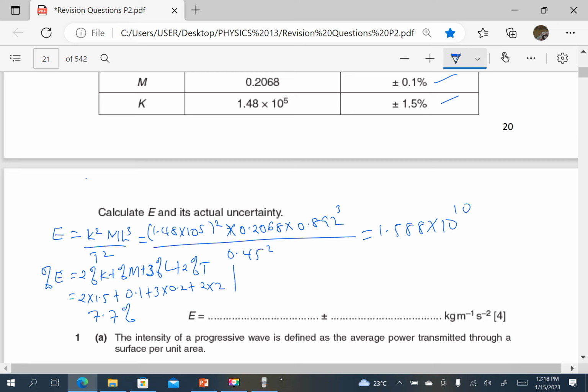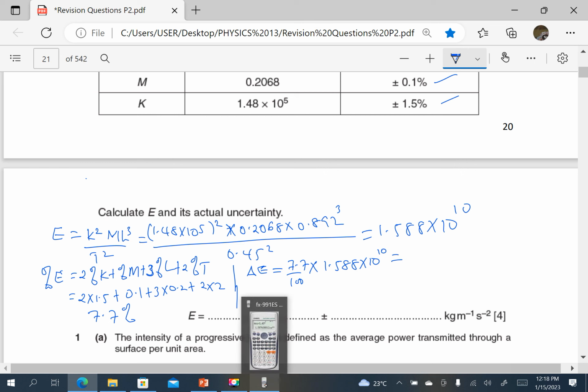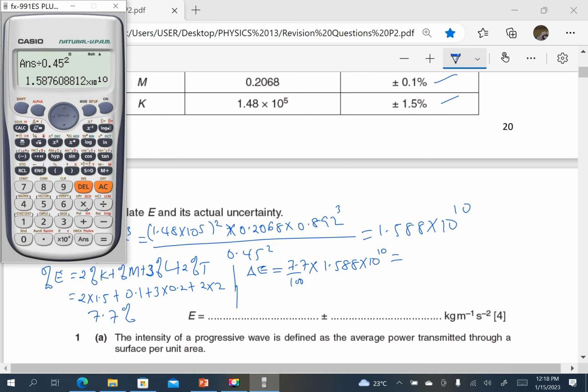So percentage is 7.7, then absolute uncertainty in E is equal to 7.7 divided by 100 times the value of E, which is 1.588 times 10 power 10. So that one times 7.7 divided by 100.